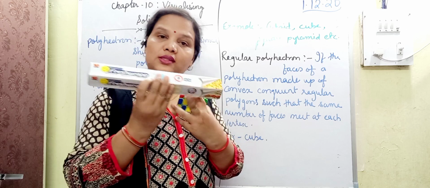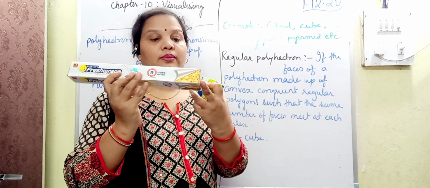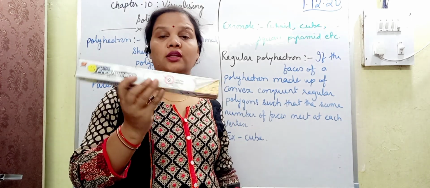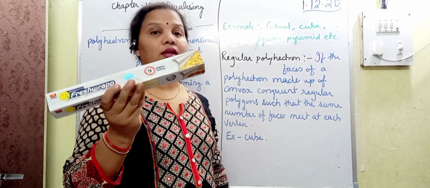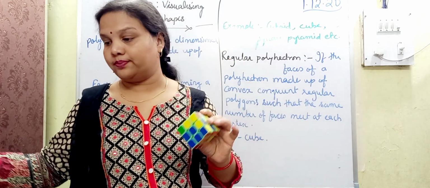These four faces are rectangular, but these two faces are square, right? So it is not a regular polyhedron, but a cube is.